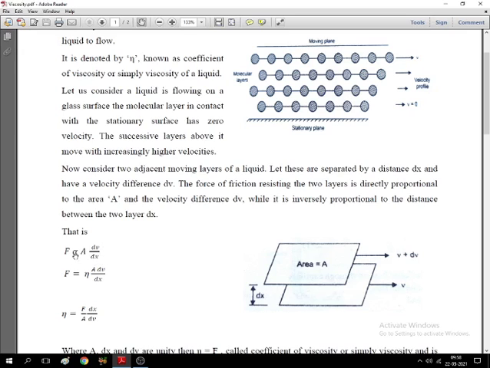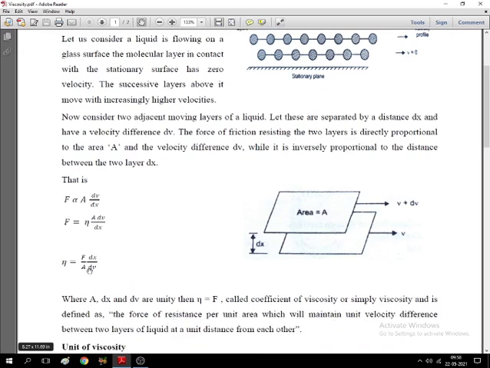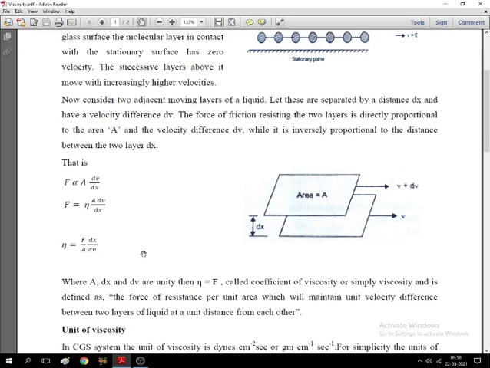Now the proportionality sign is converted into equals by putting a constant eta: F = eta A dv/dx. If we rearrange it for eta, eta = F/A times dx/dv. This is the rearrangement of the equation where A, dx and dv are unity.